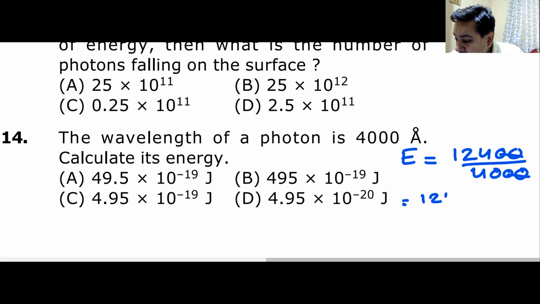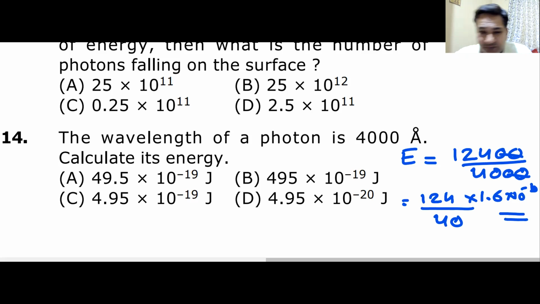It is 124 divided by 40, and I have to multiply it by 1.6 into 10 raised to the power minus 19. If you multiply and divide, I think you will land up with the answer, and the answer is definitely 4.95 into 10 raised to the power minus 19.